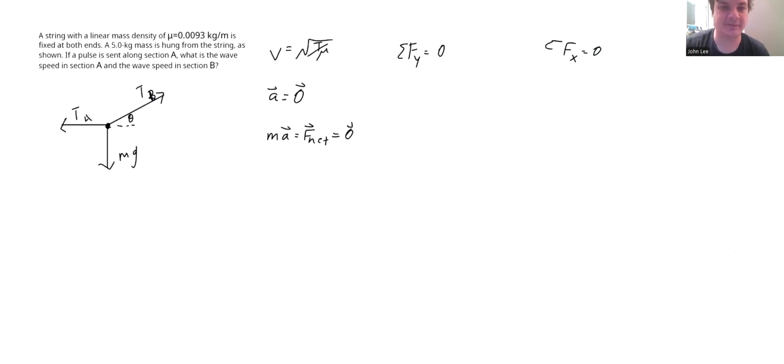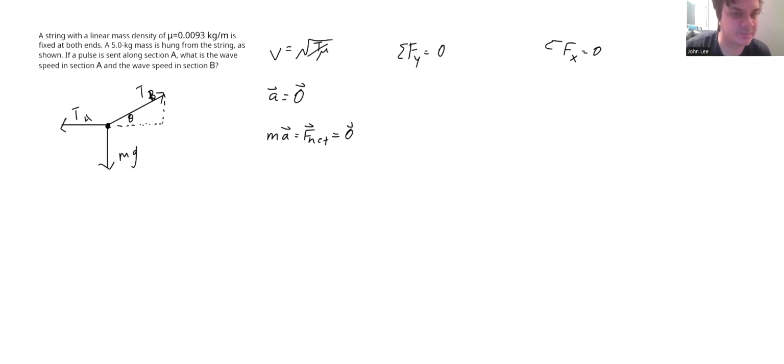So what is Fy? You can obviously see that TA has Fy equals zero because it's completely along the x-axis. And the weight pulling down, mg, from the 5 kilogram mass is completely in the y-axis. But what is the component of TB that is in the y-axis?